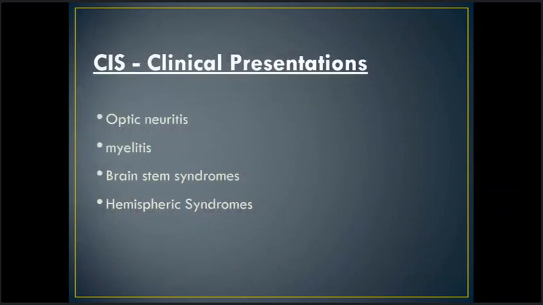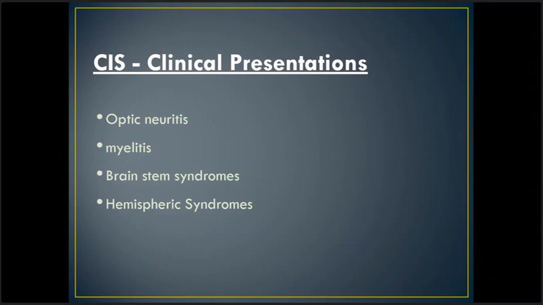The CIS, clinically isolated syndrome, is the first attack of multiple sclerosis clinical presentation. What is it? Optic neuritis, myelitis, brainstem syndrome, hemispheric syndrome.